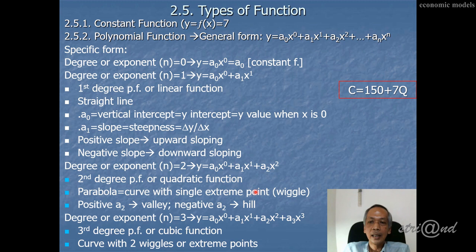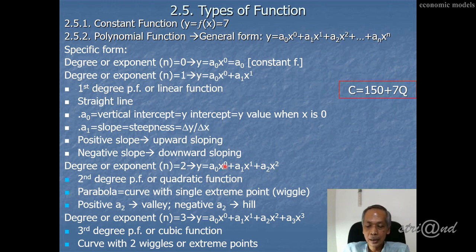Okay, and then if the exponent is 3, here the highest exponent of x is 3, we're going to find a third degree polynomial function, or a cubic function. If it is a cubic function, we're going to find a little bit more complicated graph.